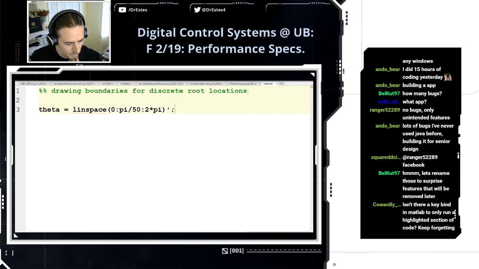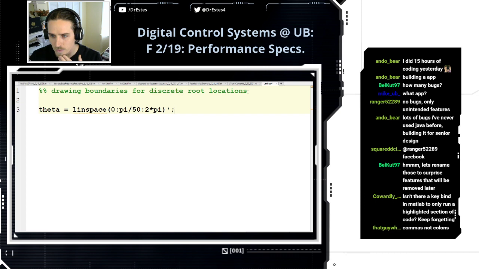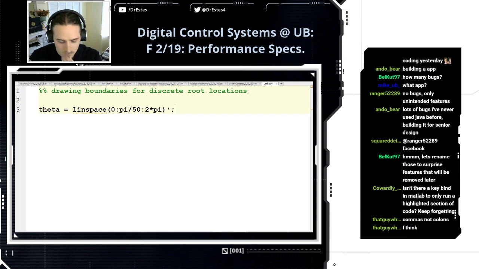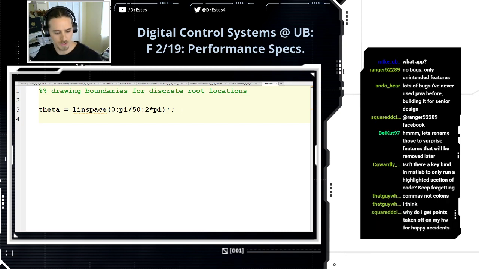Okay, I'm opening up another thing over here. Okay, linspace, great. Now we're just going to draw a circle that goes around this angle, a unit circle.